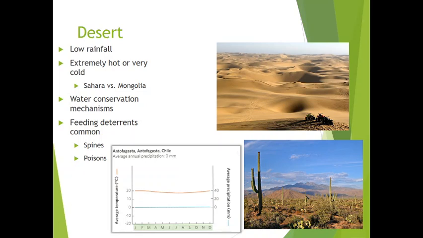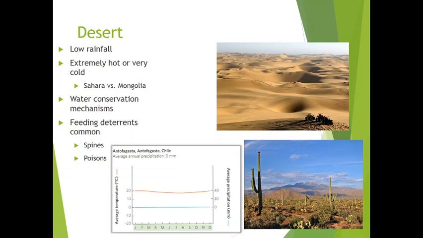What that's a response to is, think about how hard it is to live in this desert. Now this is the Sonoran Desert in southern Arizona. There's more rain here than there is in, say, the Sahara Desert, but it's still a really hard place to live, and it's hard to make a living if you're a plant there.